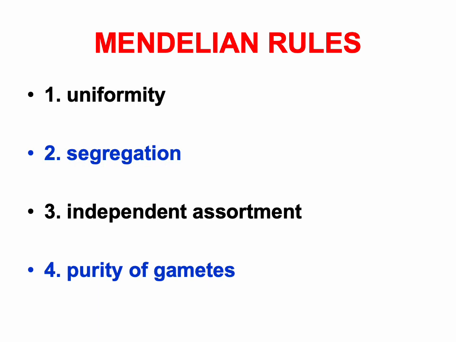So the Mendelian rules are the uniformity, the segregation, the independent assortment, and the purity of the gametes. Purity of gametes means that heterozygotic individuals will produce gametes with an equal frequency of the two alleles, of one or the other gene.